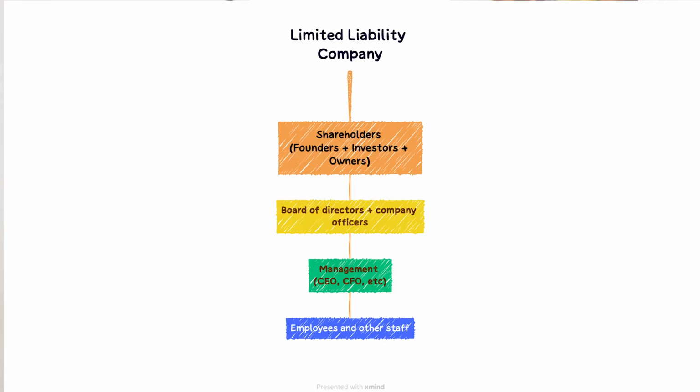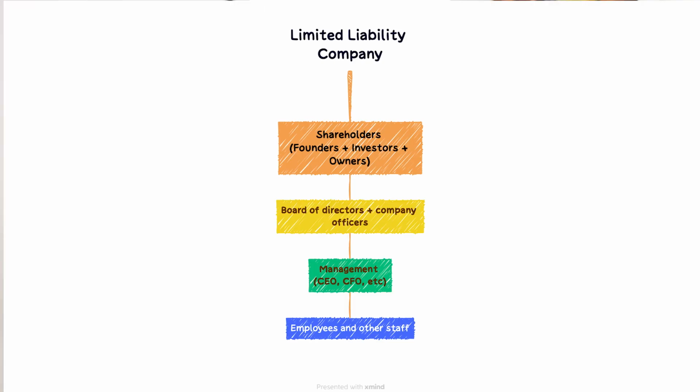So let's look at the structure of a company limited by shares. You have one or more shareholders who elect a board of directors to manage the company on their behalf. So the shareholders own the company, the directors make decisions on behalf of the company, and then the management runs the company.